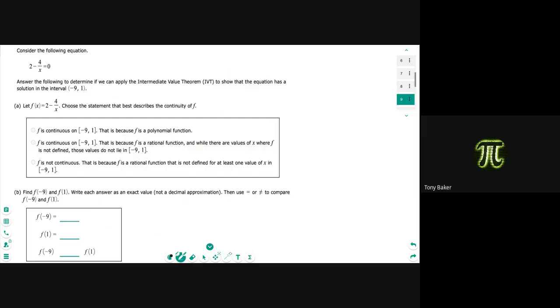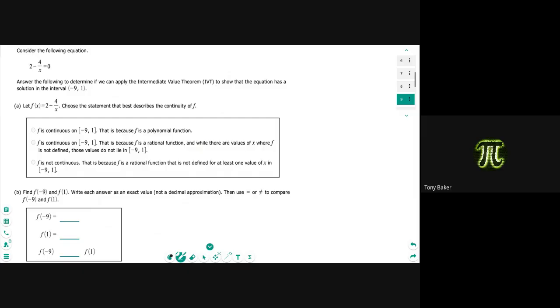I know it doesn't ask you why here, but I want to know why. It's not continuous because there's a value, probably 0, within the range of the interval. That would make it so the function doesn't work. It's not continuous at that point.